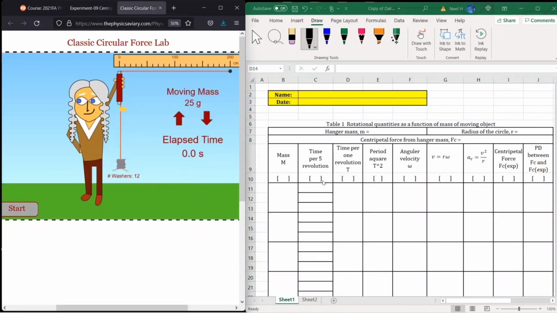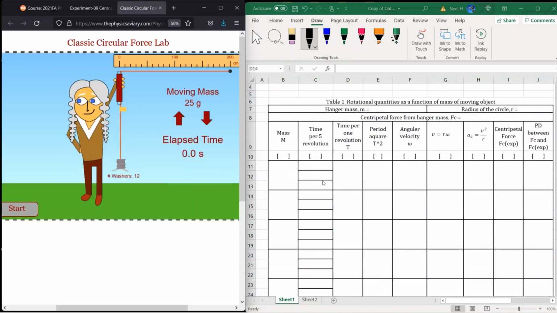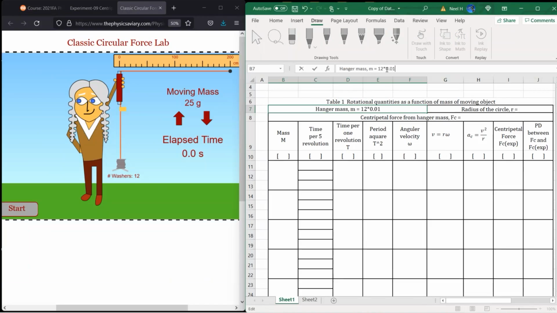Okay. All right. So let's start this. Let's start to investigate this rotation as a function of mass first, the mass of the moving object. So, table number 1. The hanger mass we're going to keep constant. I have a number of washers, 12. Each washer is about 0.01 kilogram, only 10 grams.